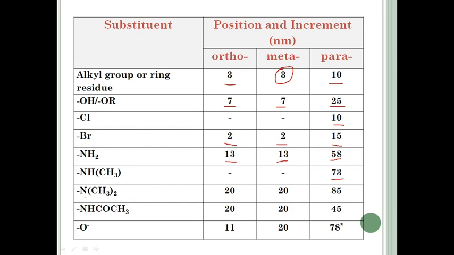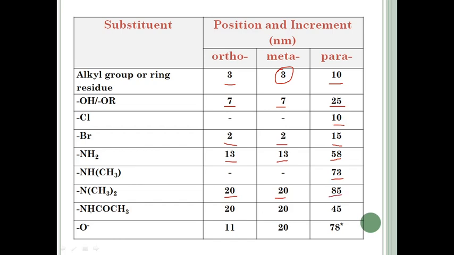When the substituent is dimethylamine, or simply dialkylamine, then you have to give increment at ortho 20 nanometer, at meta 20 nanometer, at para 85 nanometer.